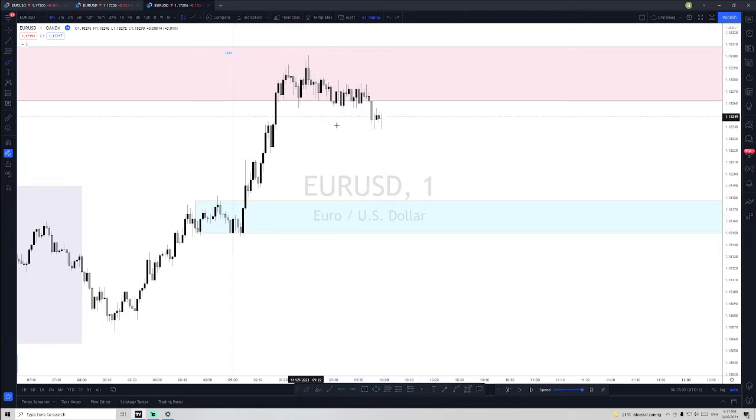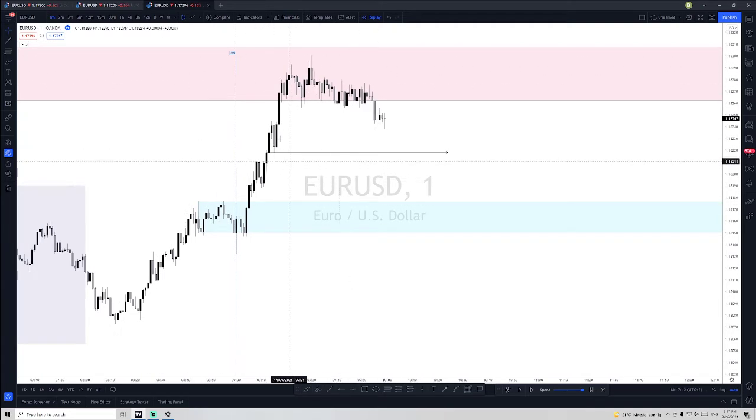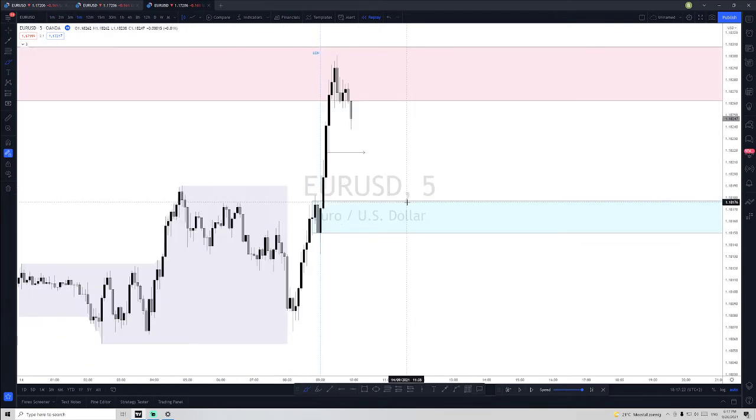So this point right here needs to be broken, this whole area, and that is also a structure point. It's not really clear for me, because this for me is more of a structure point, because it also aligns with the 5 minutes.